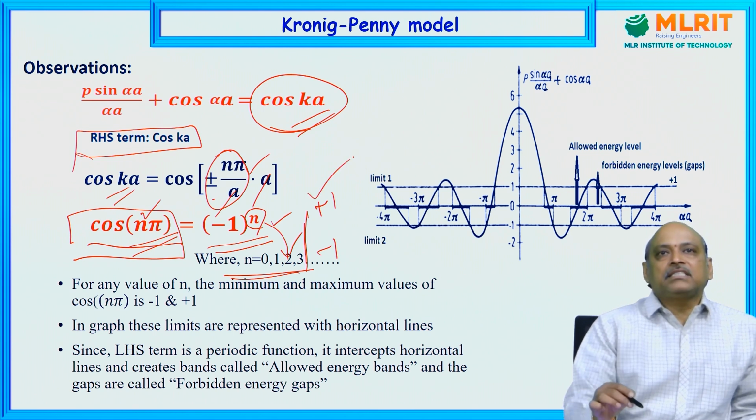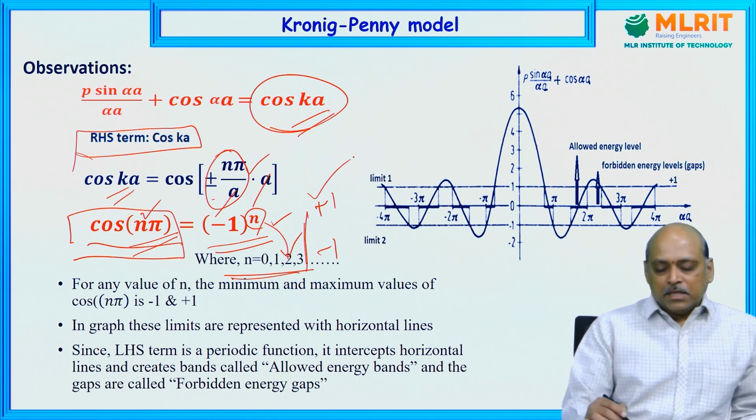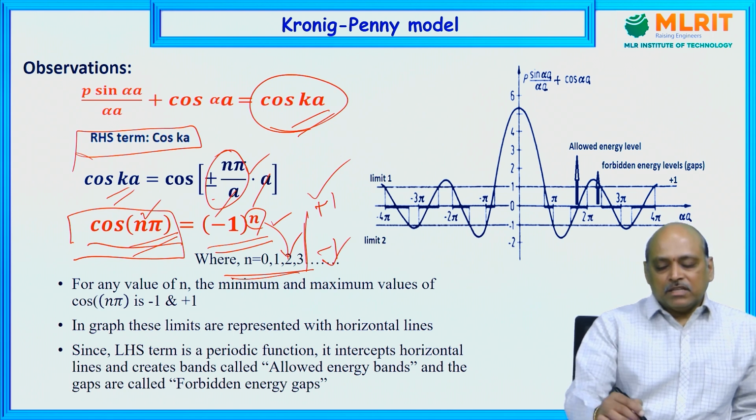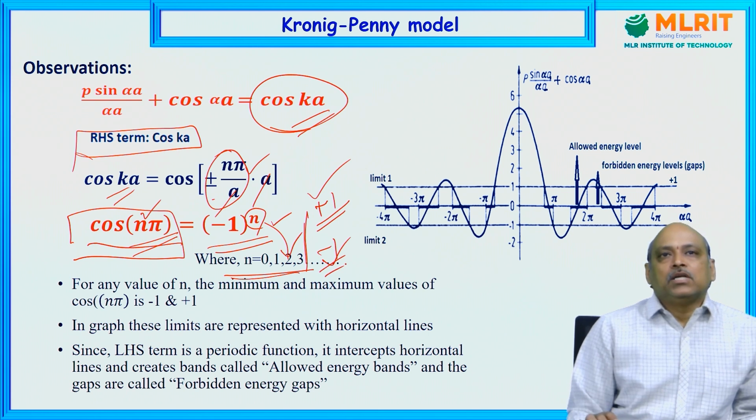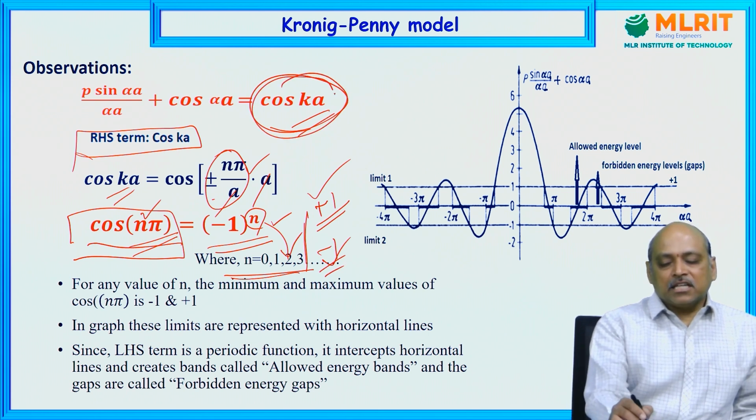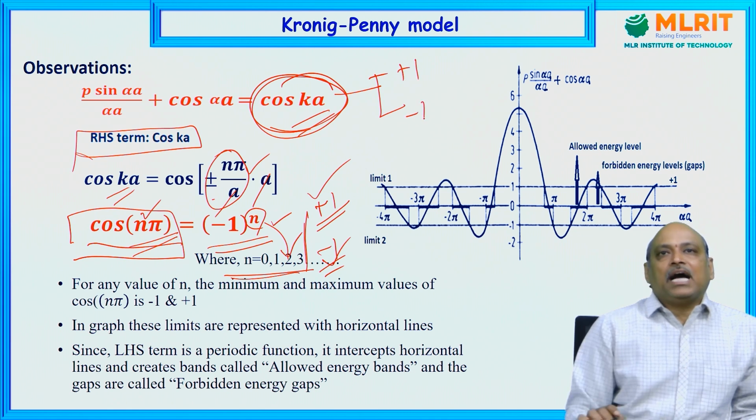So here the RHS term has two limits, plus 1 and minus 1.